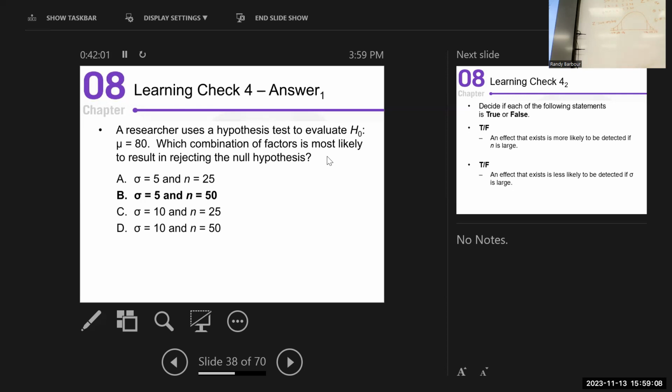In this instance, I'm probably going to reject the null hypothesis either way because they're in the critical region, but this one is more extreme. We're just looking at the way it influences the Z score. They were both rejected, but this one was rejected by way more, just by changing the sample size and your variability.